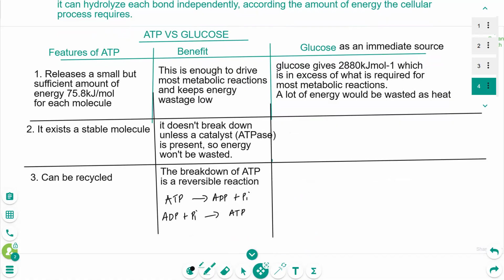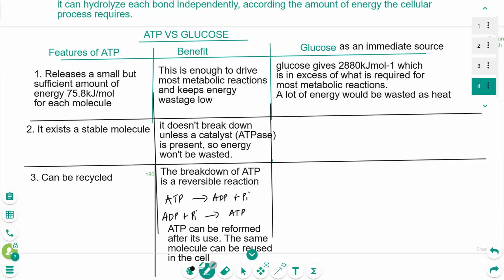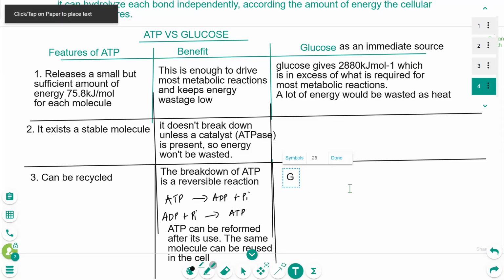This means the same molecule can be reused in the cell. On the other hand, glucose is not recyclable.